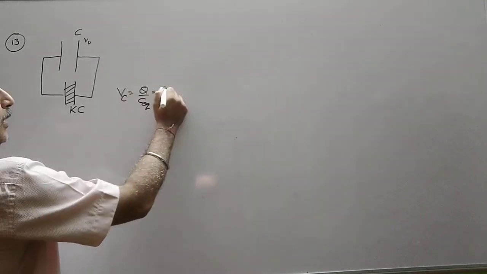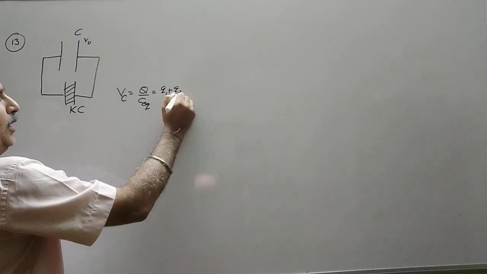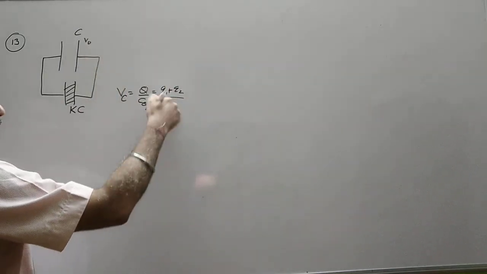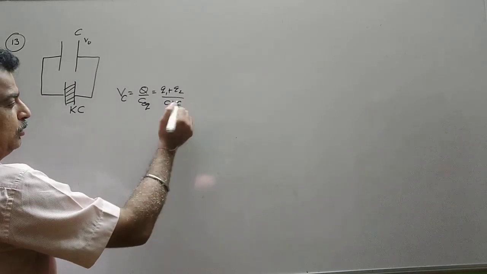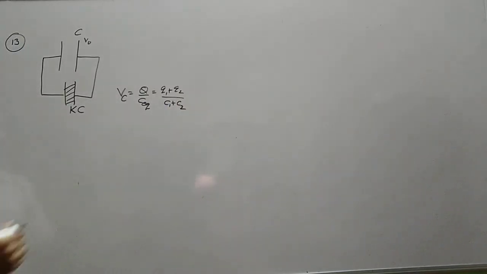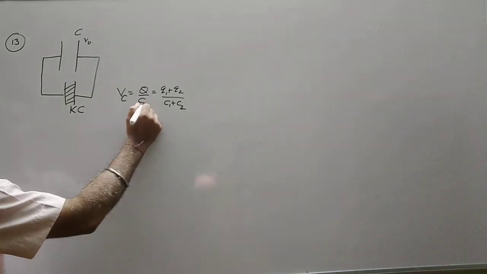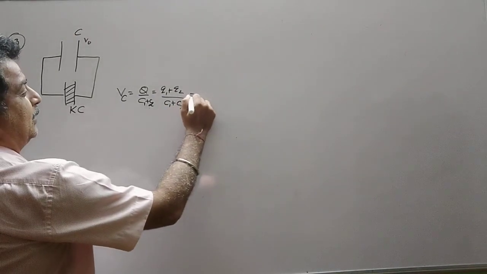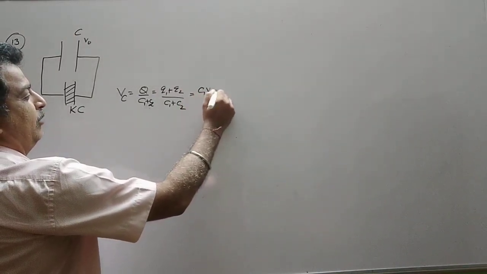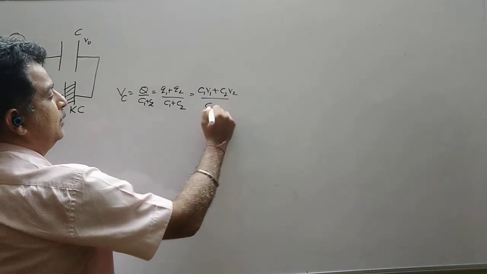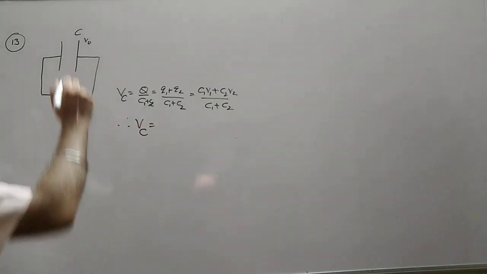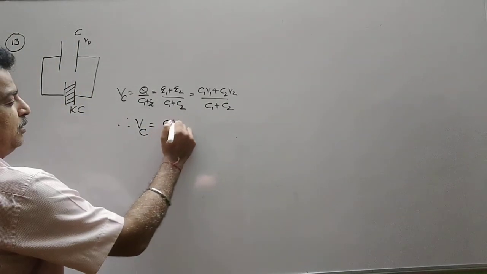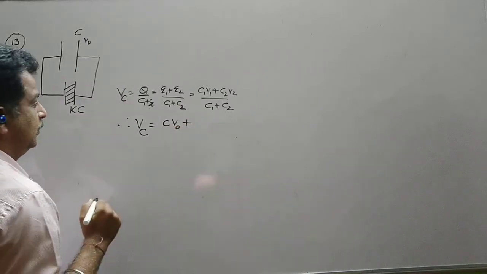So this can be written as Q1 plus Q2 upon C1 plus C2, the total capacitance. Now this can be written as C1 V1 plus C2 V2 upon C1 plus C2. Therefore, the common potential is equal to, let us take this as C1, so this becomes C times V naught plus.